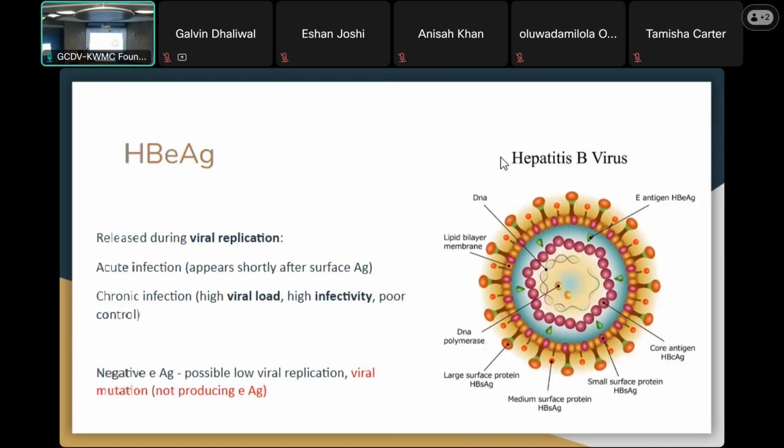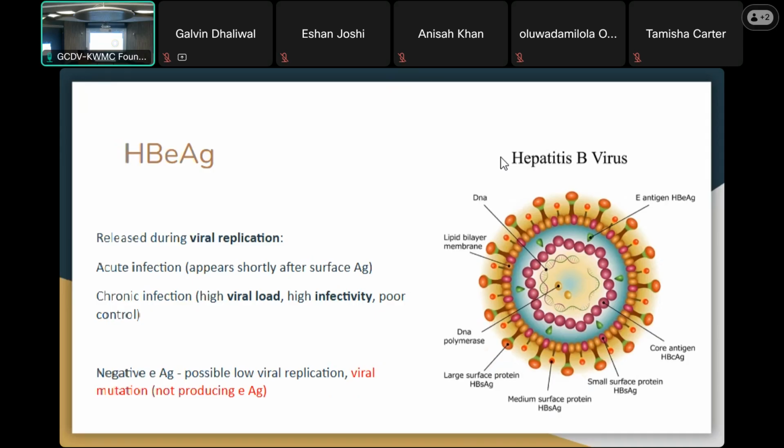Okay, E antigen, you see the structure on the right again. Between the envelope and the core is the E antigen. What does it indicate? It indicates high viral replication and high chance of infectivity. It can be seen in acute infection or chronic infection. Now, if the E antigen is negative, that means they could have hepatitis, but they're better controlled.